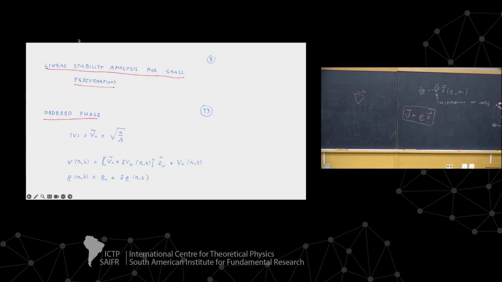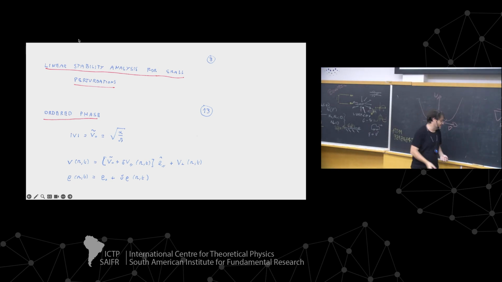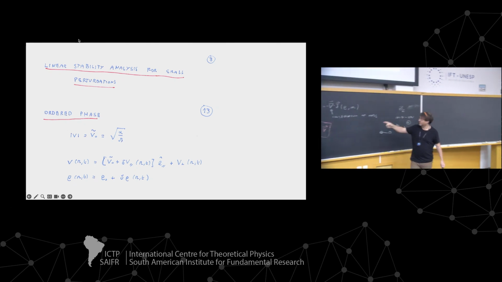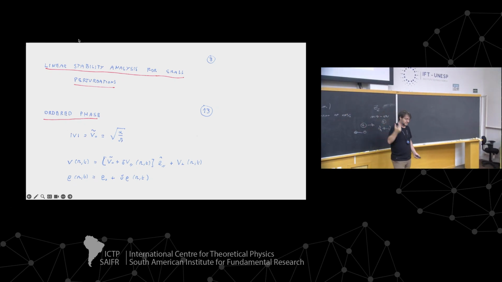Now, velocity, I'm already decomposing the fluctuation along the direction of motion and perpendicular, since this is my total direction, it's a vector, so I can perturb in this direction, and I call it V perp, or I can perturb longitudinally, and I call it V parallel. So basically, I have three objects which I'm perturbing: the transversal velocity, the longitudinal velocity, and the density.